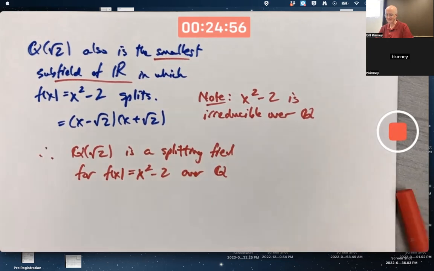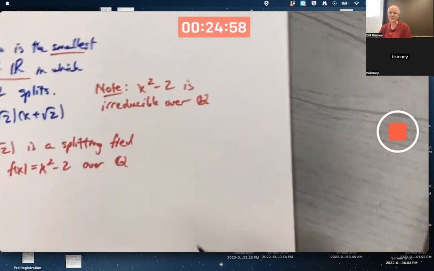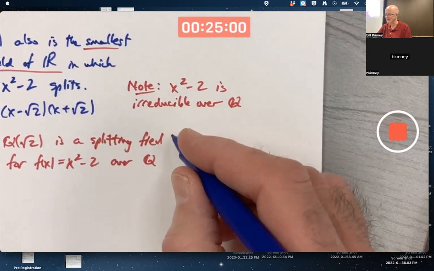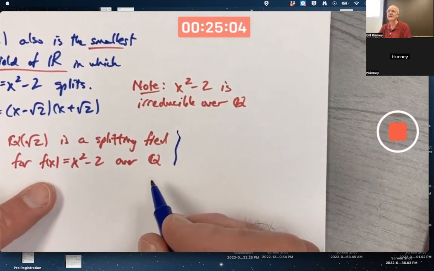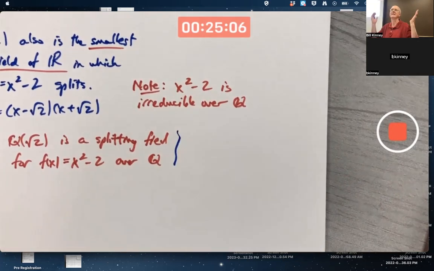In fact, just for emphasis, let's write down an example. It's not a splitting field for this polynomial over q adjoin square root of 3, for example. What would be a splitting field for this polynomial over the field q adjoin square root of 3?